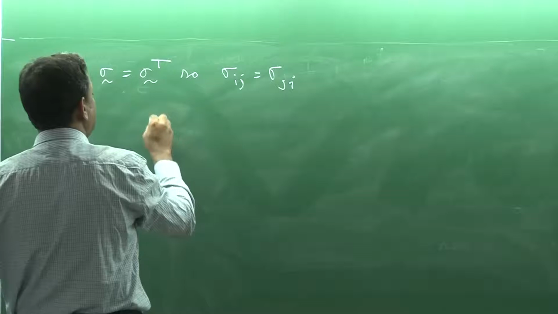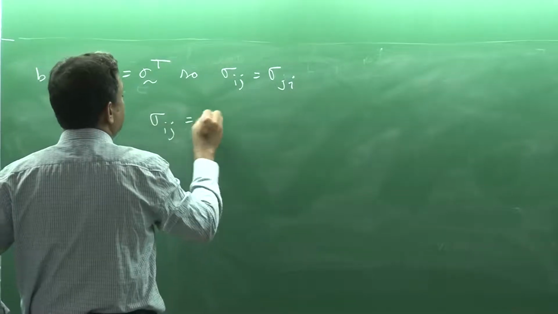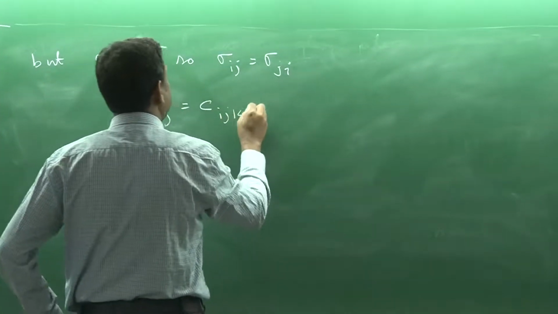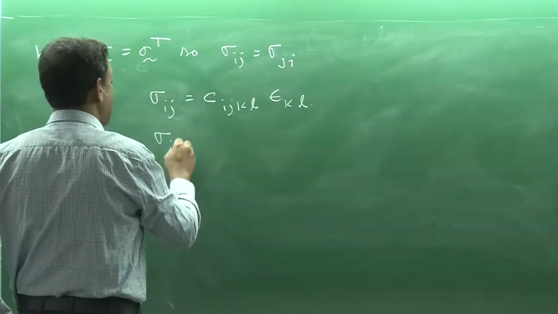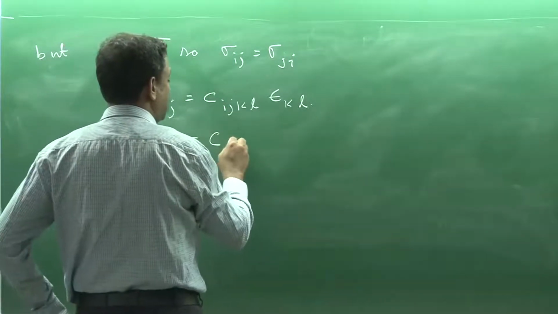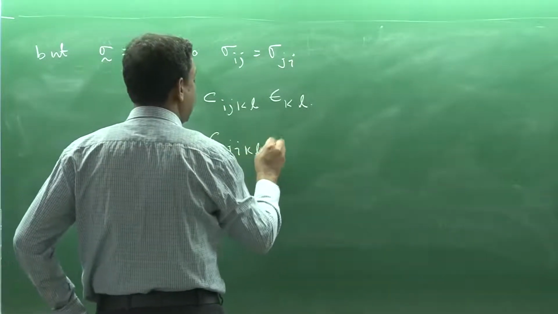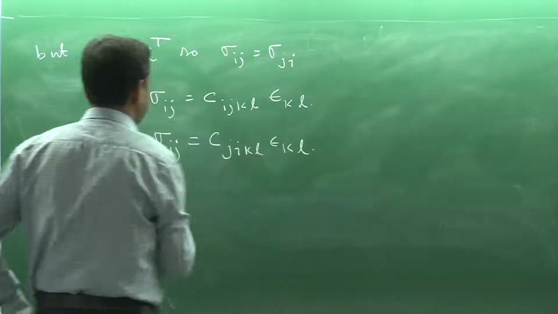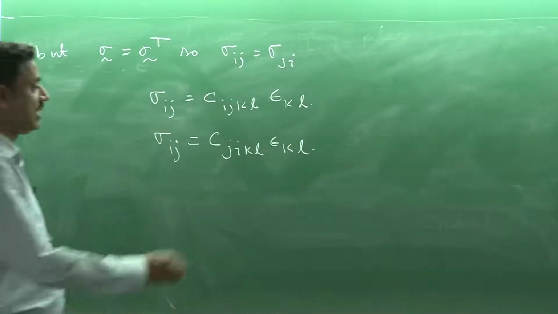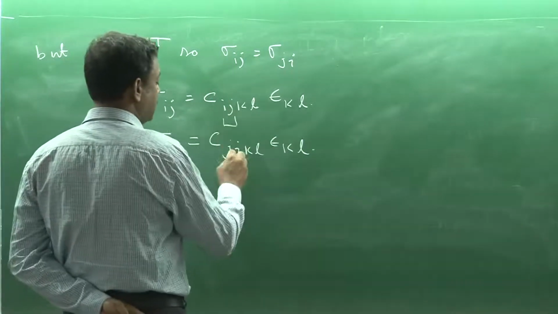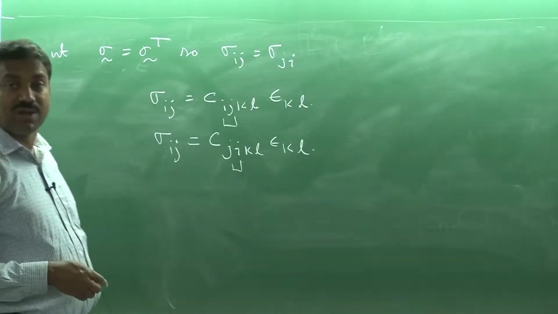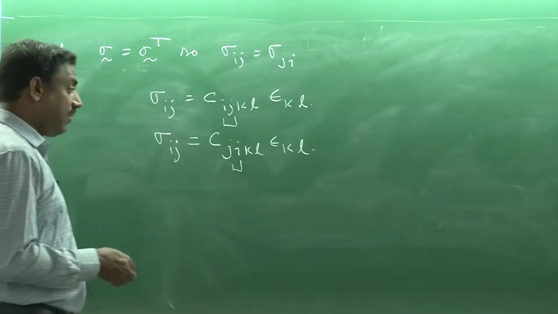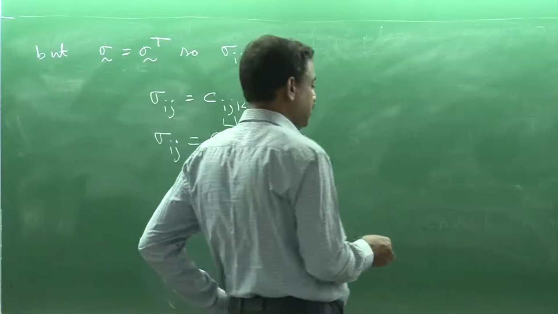So when I write sigma ij equal to C ijkl epsilon kl, I can also write sigma ji equal to C jikl epsilon kl. It does not really matter, so I can interchange i and j because sigma ij and sigma ji are the same.